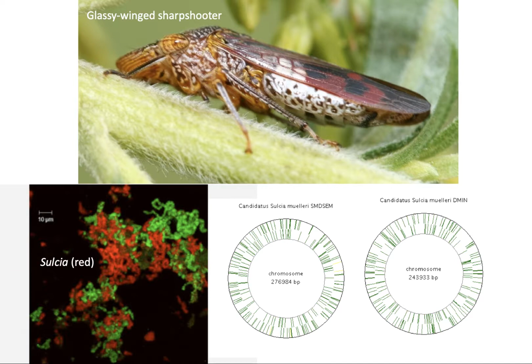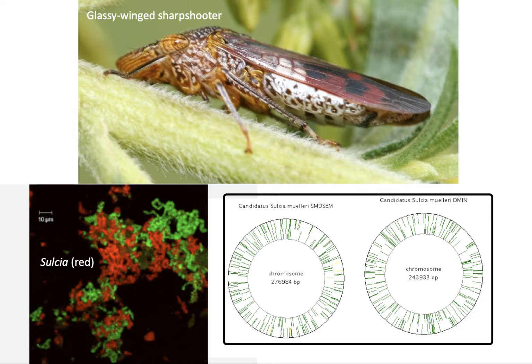This insect also carries pathogenic bacteria with it, plant pathogenic bacteria. So it's a major agricultural pest that is capable of carrying bacteria that will kill fruit trees, especially.